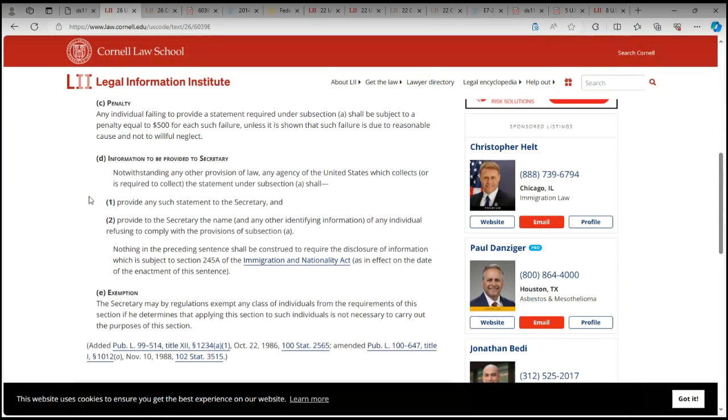Notwithstanding any other provision of law, any agency of the United States which collects or is required to collect the statement under subsection A shall provide any such statement to the Secretary and provide to the Secretary the name and any other identifying information of any individual refusing to comply with subsection A. Nothing in the preceding sentence shall be construed to require the disclosure of information which is subject to 245A of the Immigration and Nationality Act.